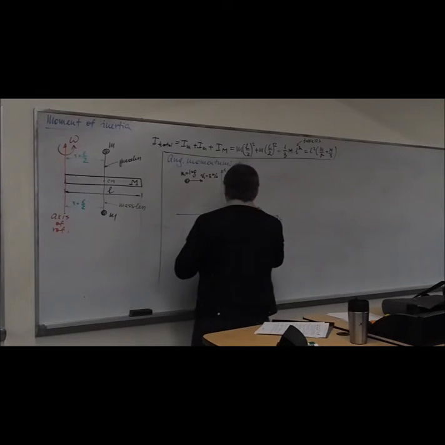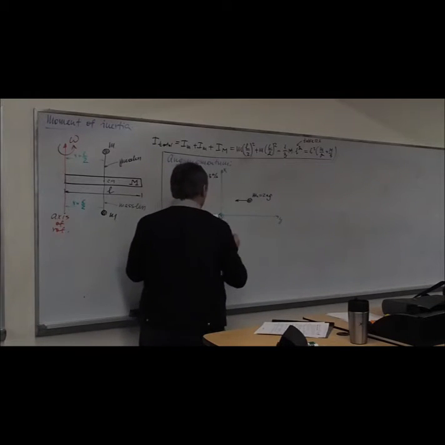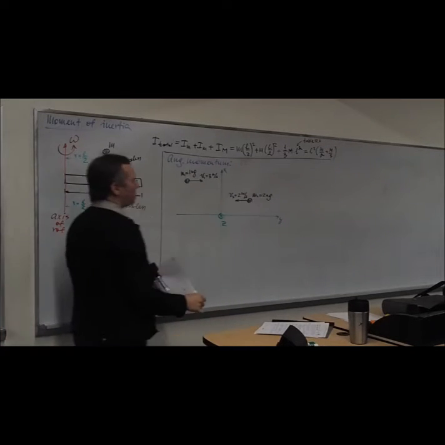Okay, so now the second point, let's say this point, mass m2, which is 2 kilograms, is flying this way in the opposite direction with velocity v2, which is 2 meters per second.